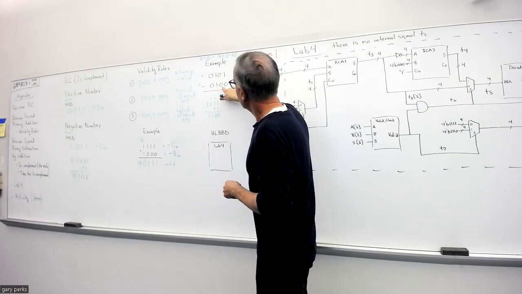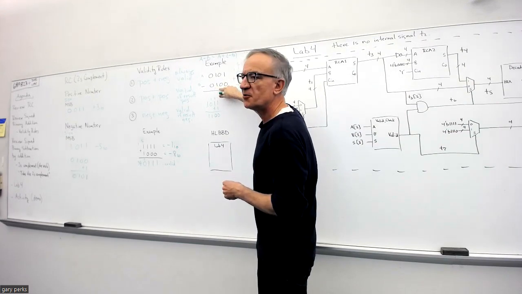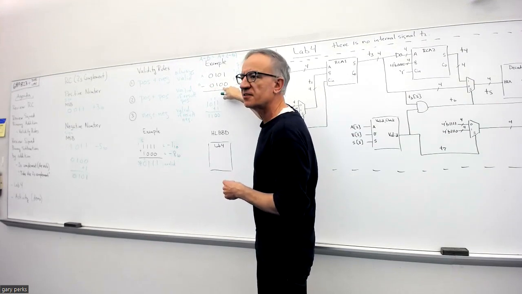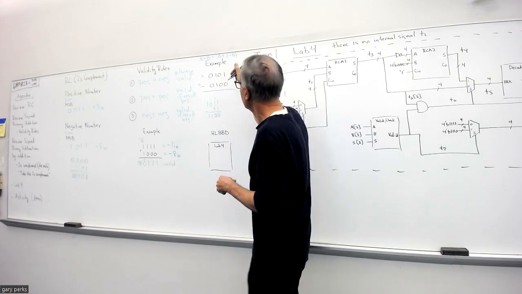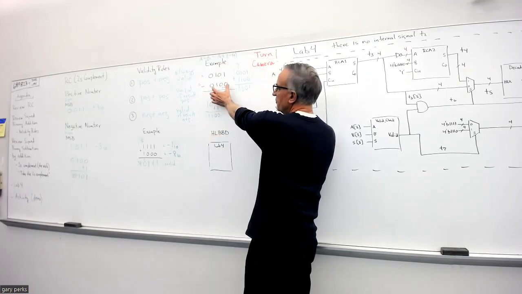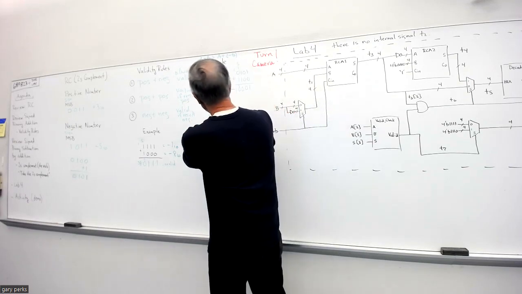Because this value that I started with here, what is this in base 10? 0, 1, 0, 0 in base 10 would be what? 4, right? Because it's positive, so you just figure out the value like you would in unsigned. So this is +4, right? And then when I flip the bits and then add 1, I end up with this.